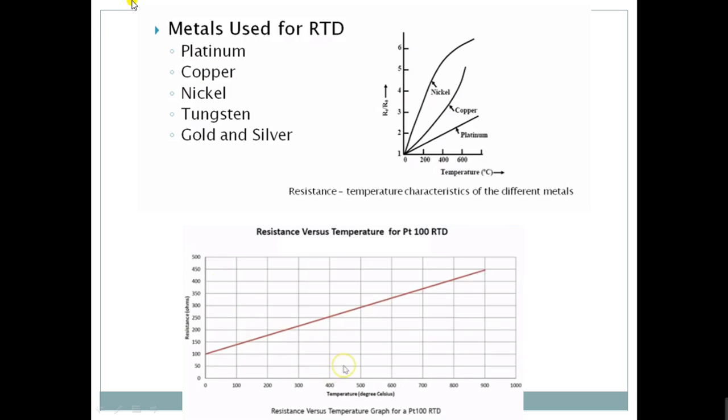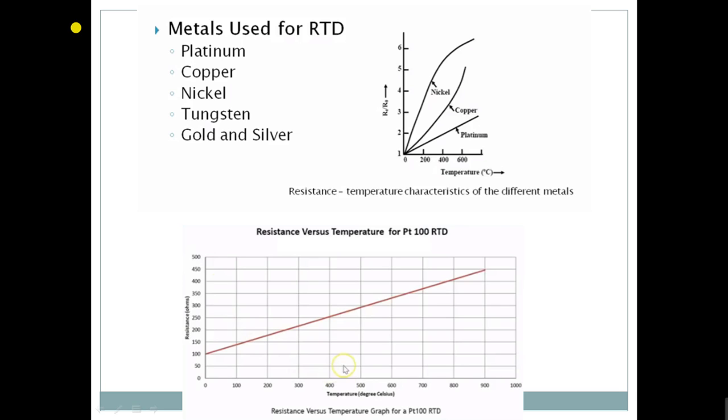Copper has a somewhat linear resistance temperature relationship, but it has low resistivity, so it requires a long length of conductor to produce an acceptable sensor. However, copper oxidizes and it can be used only up to 150 degrees Celsius. Platinum is the most widely used material in RTD devices and has linear characteristics, a linear increase of 0.385 ohm per degree over a wide temperature range.